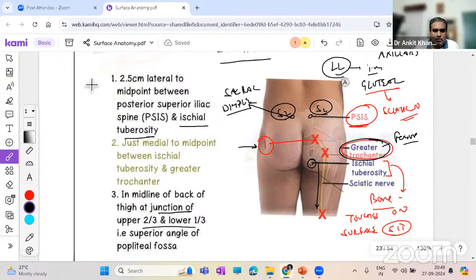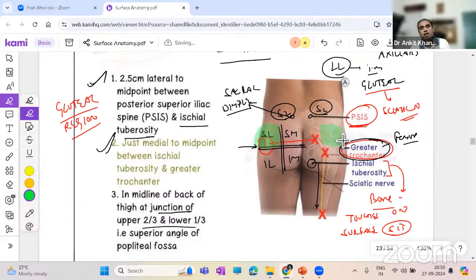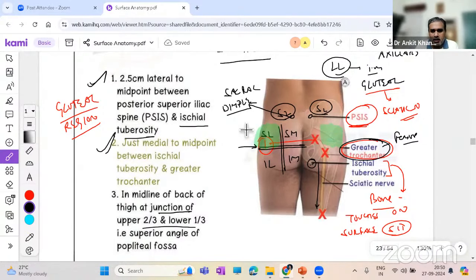It is always said that it is the superolateral part, the upper and outer part of the buttock, where you have to give the IM injection. Whatever intramuscular drugs are given are given here, just to prevent injury to the sciatic nerve.